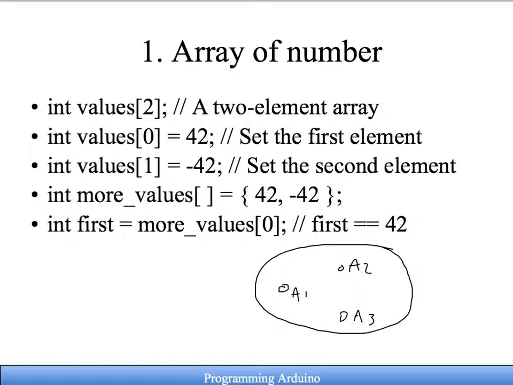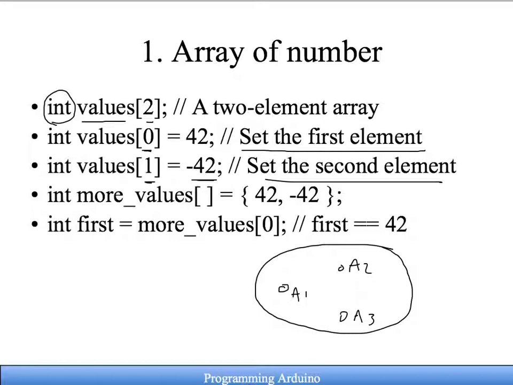So the example of the array, this one starts from int, and you have a value and the 2. It means that the array has 2 elements, and if you put 0 equal to 42, it sets the first element to be 42. And if you put 1 equal to minus 42, it sets the second element to be minus 42.